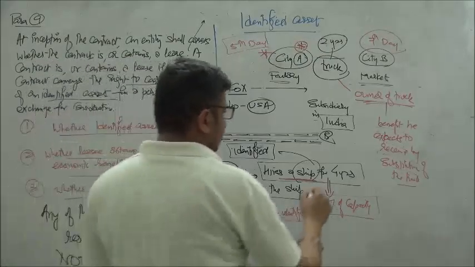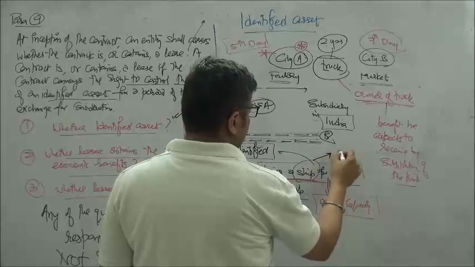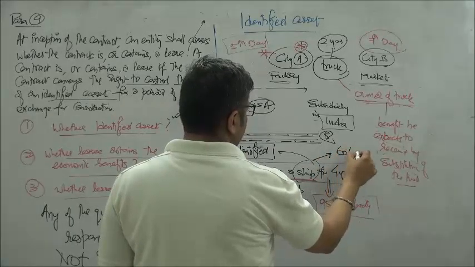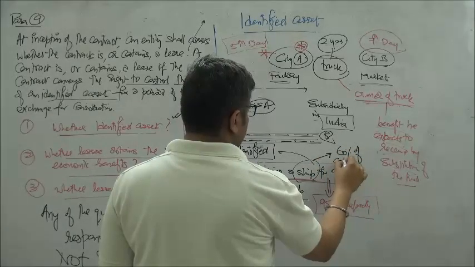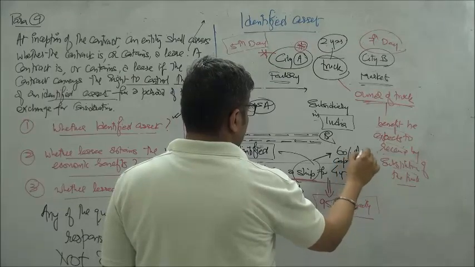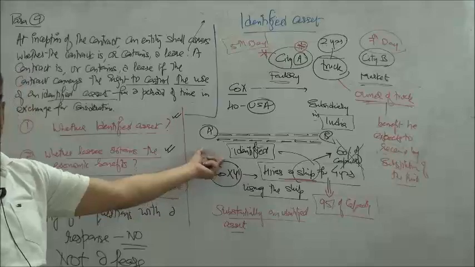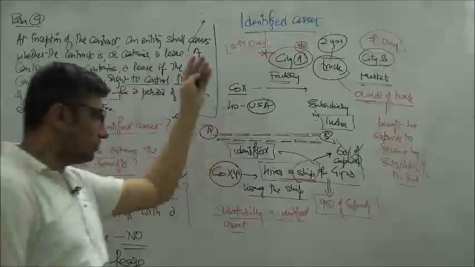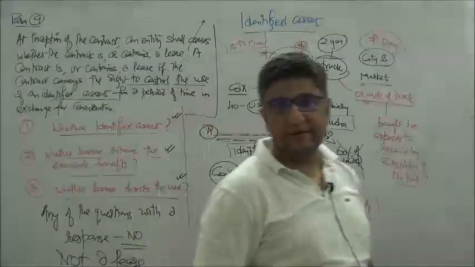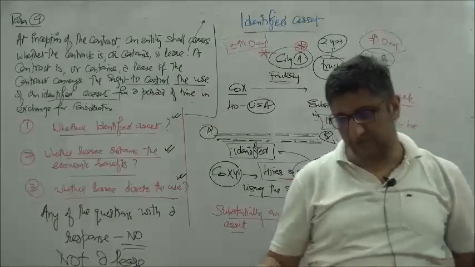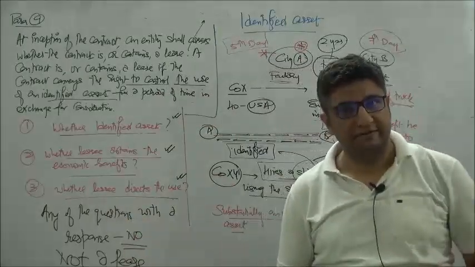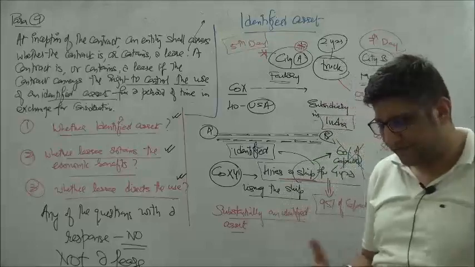However, in the same case, if, for the sake of a number, I'm only using 60% of capacity, it does not meet the very definition of identified. The substantial portion of the asset is not available to me for the purposes of calling it an identified asset there. Okay, now very generic examples.